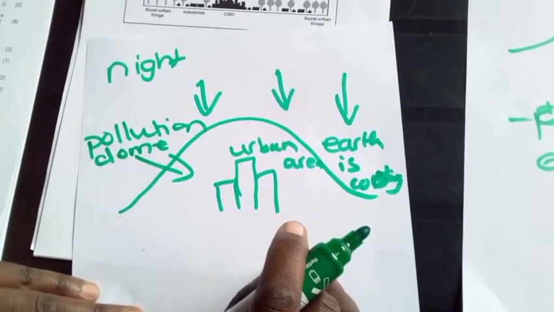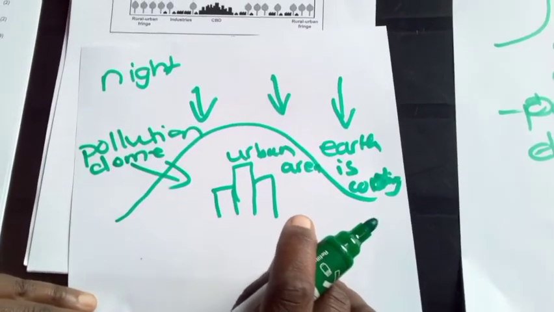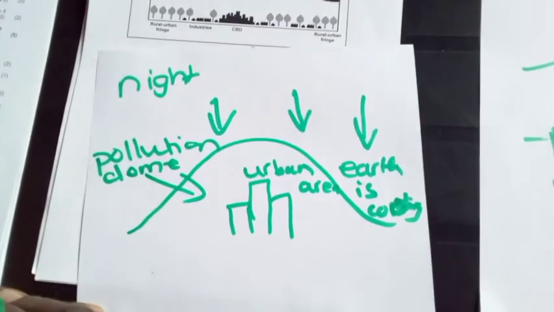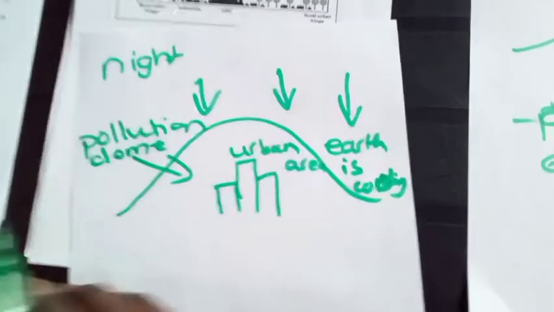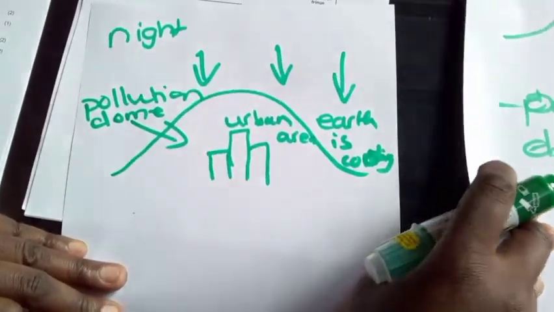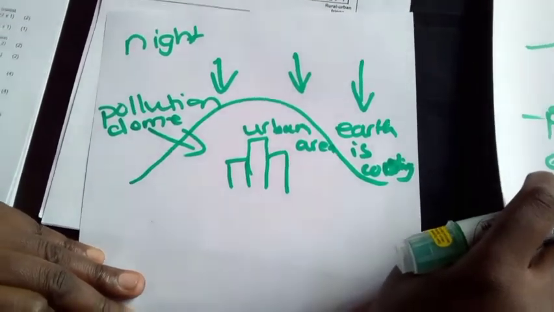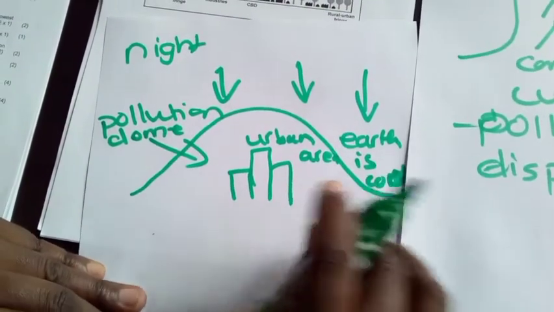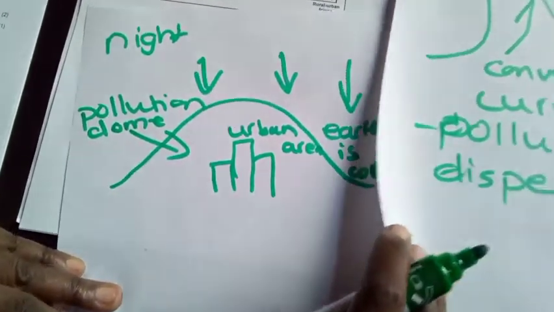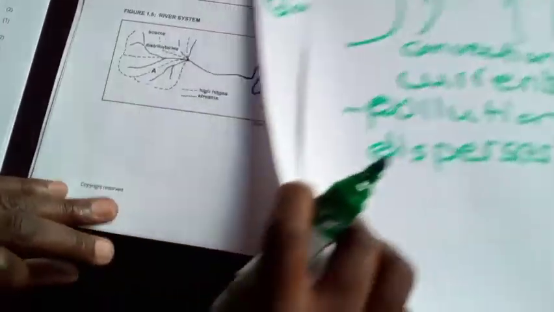So it means the heat island during the day has a greater vertical dimension, and then you find that at night we have more of a pollution dome developing on the near surfaces of our urban areas.